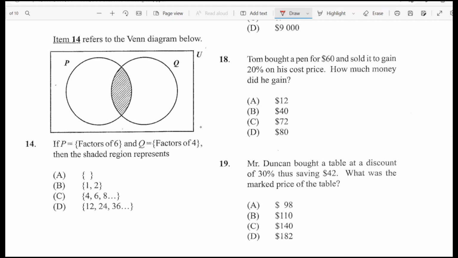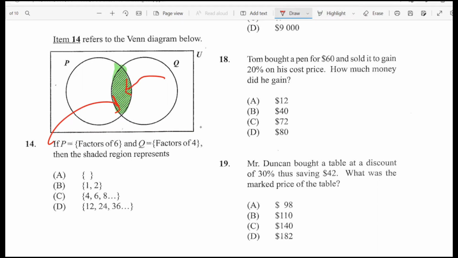You want to see that this shaded region that they have here is what we call the intersection of P and Q. So we're looking at the intersection. They want to know, based on the context of what we have, what is going to be our intersection?